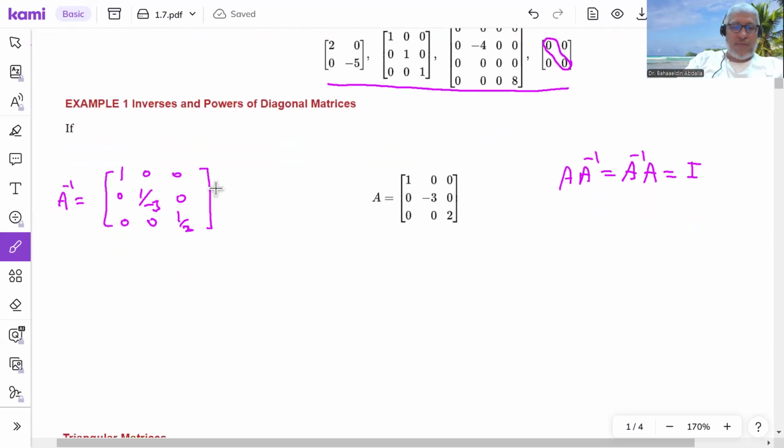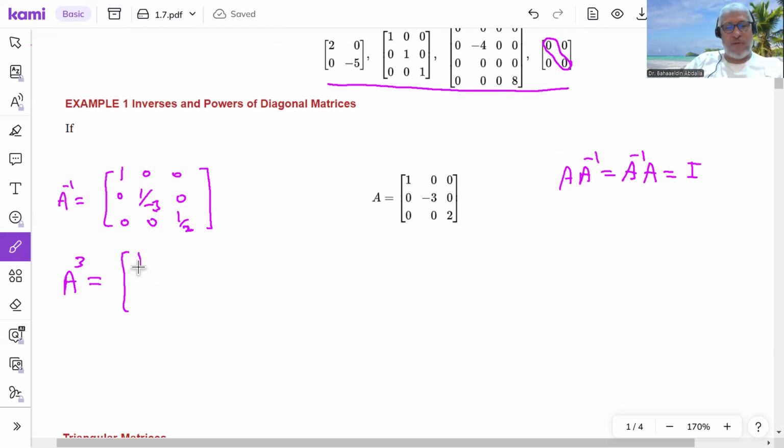Powers of diagonal matrices. It's also very easy to find the powers of diagonal matrices. For example, if you want to find A cubed, you don't have to multiply A times A times A. It's enough to raise each entry on the main diagonal to the power 3.